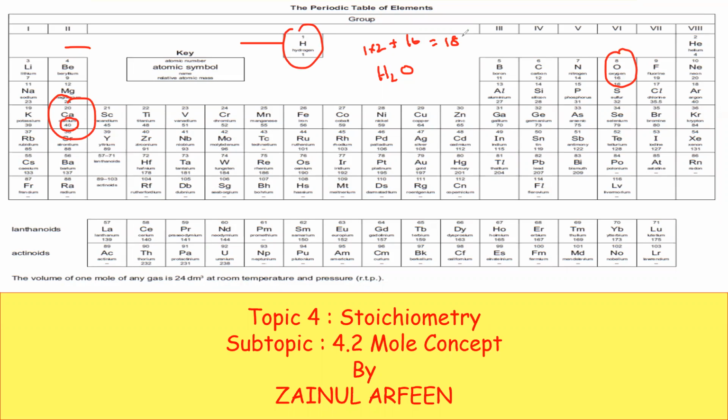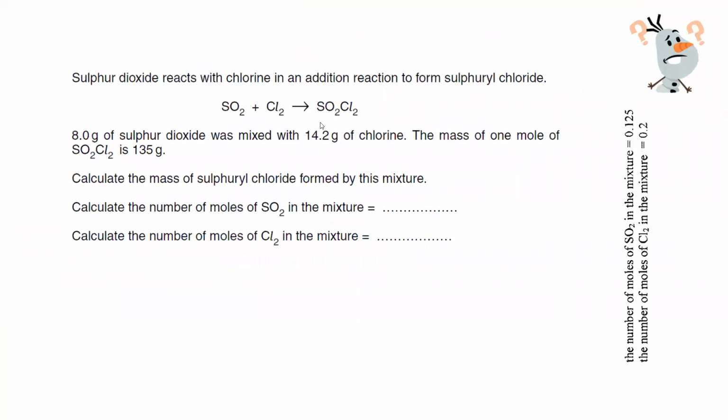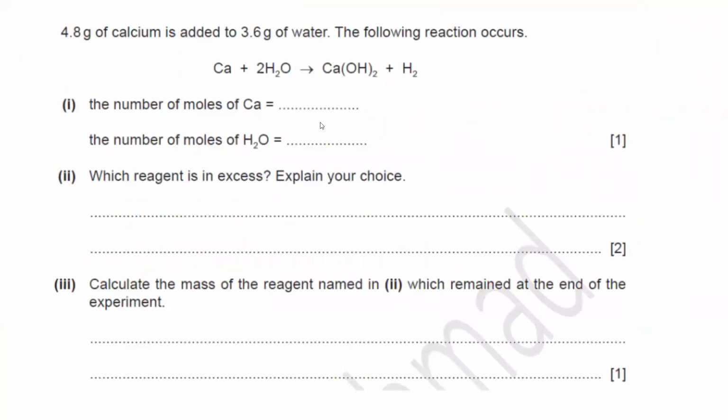The first part: we want to find the moles of calcium. How do we get the moles of calcium? Mass in grams, which is 4.8, divided by the atomic mass, 40. Calcium is 40, water is 18.